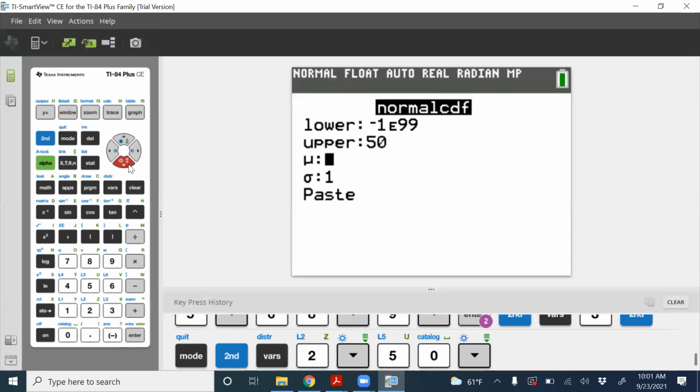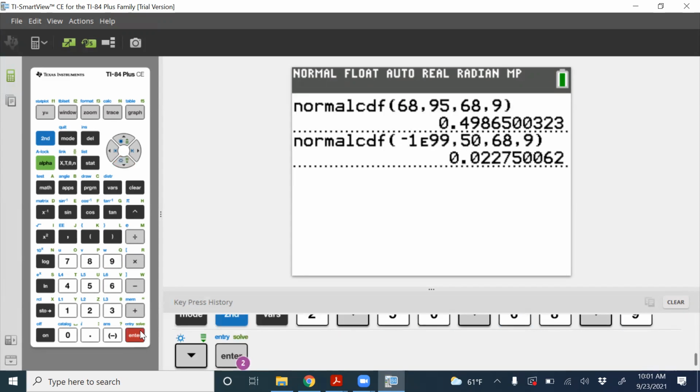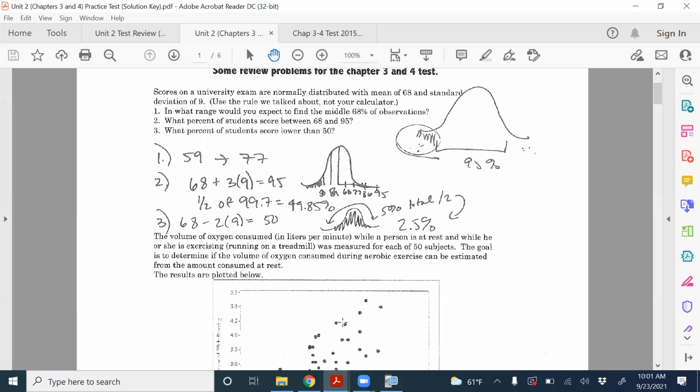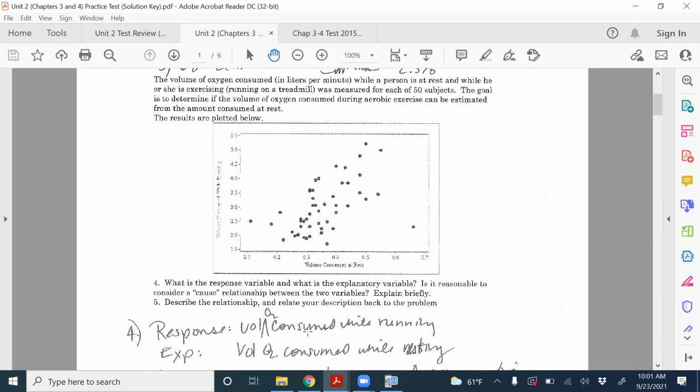So it means that I'm going to keep the lower as negative 199 because I want to go further to the left of 50. That's 68. That's 9. Paste this guy. Yeah, you get about 2.28%. So that's how that works. 2.5, close enough.